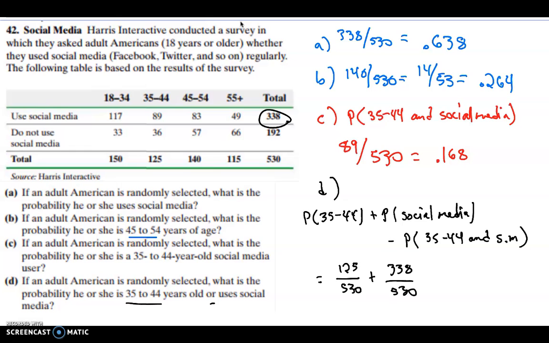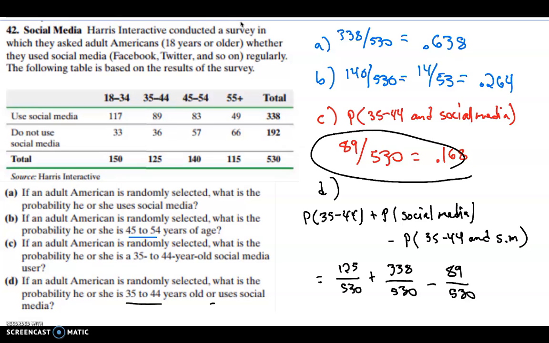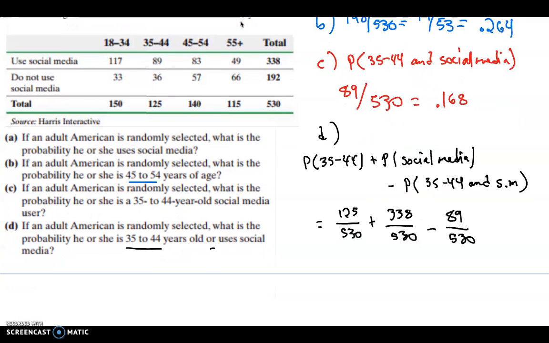Because again, you had 338 total social media users out of the 530, and then minus 89 out of 530. That was what we found up here in part C. So then when I add all those together, I get 374 out of 530, which is roughly 0.706 or 70.6%. So that's the probability that someone is 35 to 44 years old or uses social media based off of this data that has been gathered by Harris Interactive.